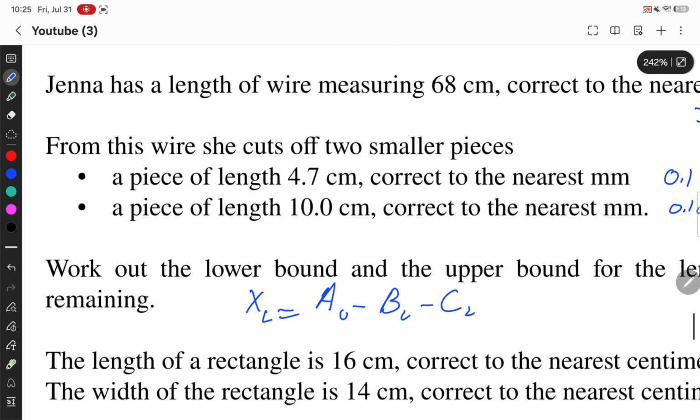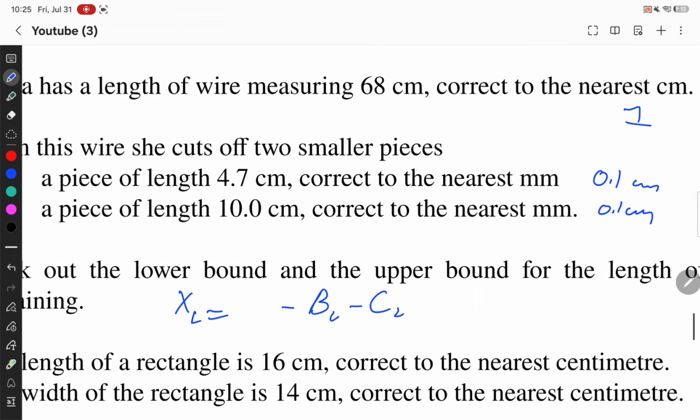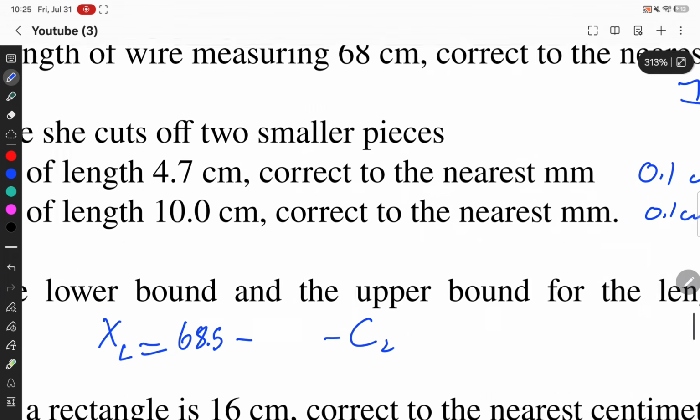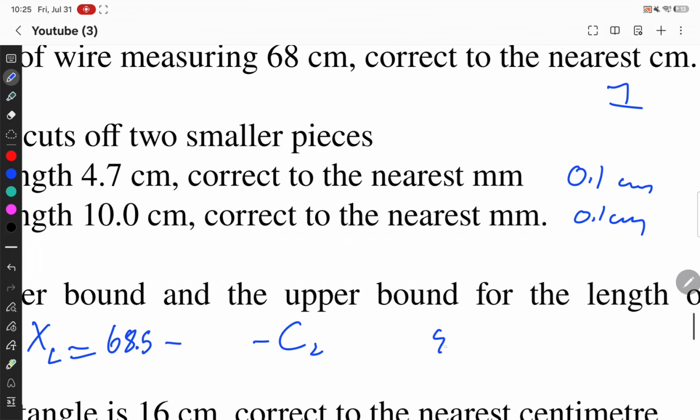So the upper bound of the total 68, which is to the nearest centimeter, is 68.5. Lower bound of the second value, let's take 4.7. Now, we have to do 4.7 minus 0.1 over 2, or minus 0.05. Let's do a calculator. 4.7 minus 0.05 is 4.65.